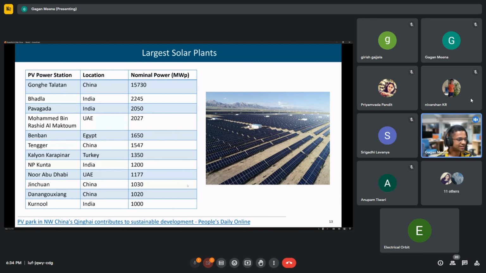The largest is around 15 gigawatt, a huge capacity, in China. Second is India with Bhadla in Rajasthan, at 2.25 gigawatt. Similarly, in Pavagadh we have a 2 gigawatt solar power plant. These are some of the biggest solar power plants.